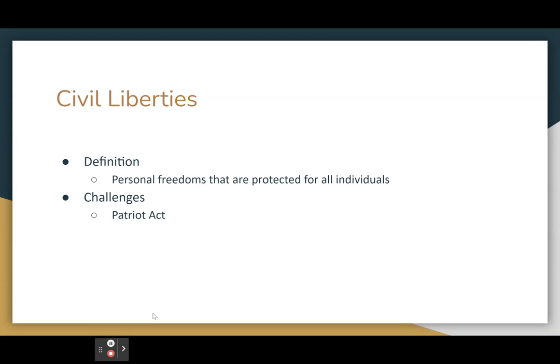The Patriot Act allows for the detention and deportation of foreigners who have been suspected of having connections to terrorist organizations. And remember, the government is the one deciding who or what is the terrorist organization, right?